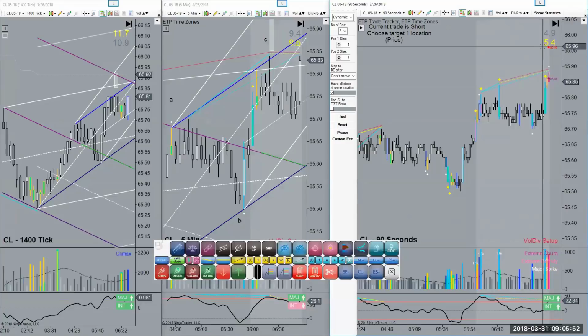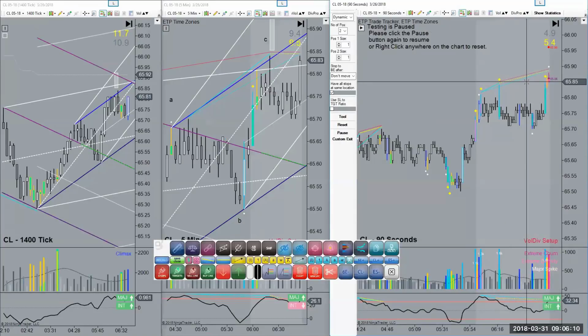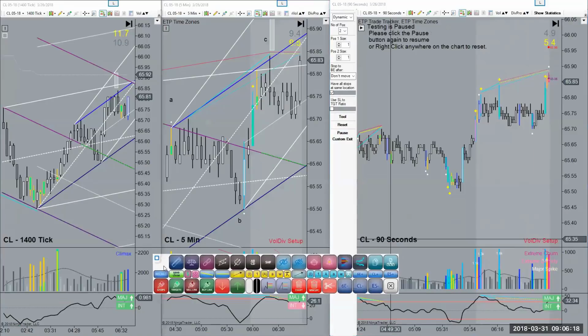Now at this point, very important step, you have to click on the pause button here. So I click on pause. It says I can right click to reset, completely eliminate this trade and start over. Or I have to go back to the pause button, click it, and then I can set my targets.